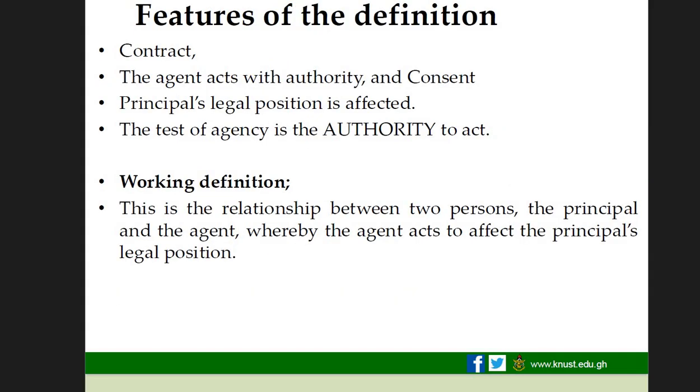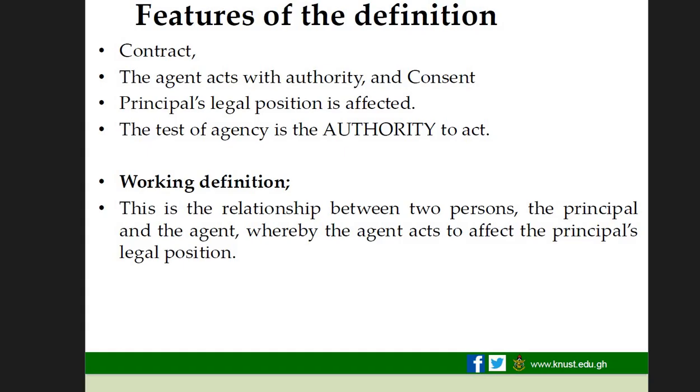Let's look at it. Yes, the definition is here, the features of the definition. So we have what? The agent acts with authority and consent. The principal's legal position is affected. The test of agency is the authority to act, right? So when you check from the definition, you could see that the agent is considered in law to represent the other, according to Friedman, the principal, right?